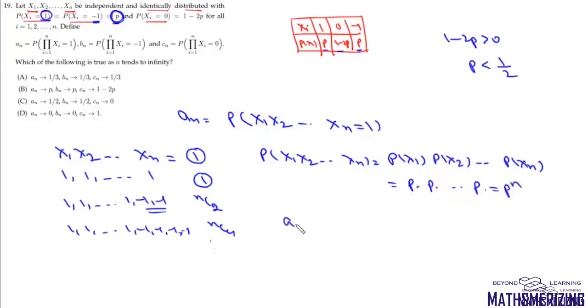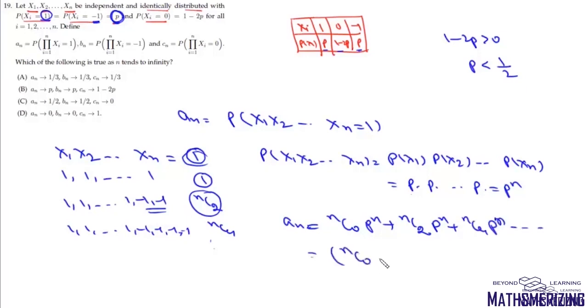So now we can write An. This first one is nC0 p to the power n. Second one will be nC2 p to the power n, nC4 p to the power n. So we'll get this condition as (nC0 plus nC2 plus nC4 ...) into p to the power n. Now we know that the value of this binomial series is 2 to the power n minus 1.